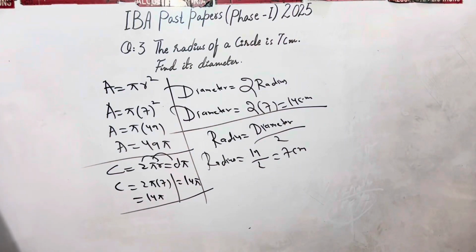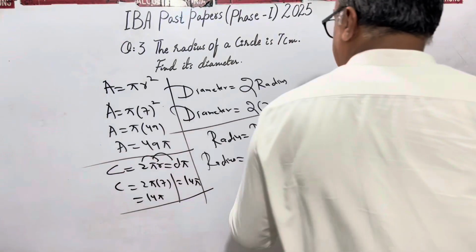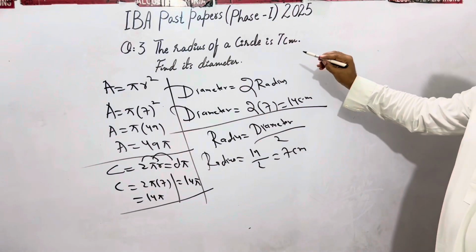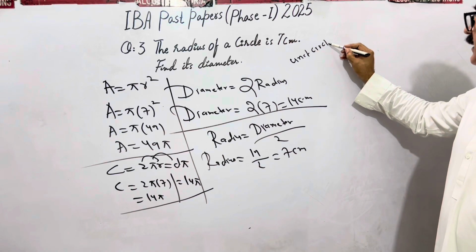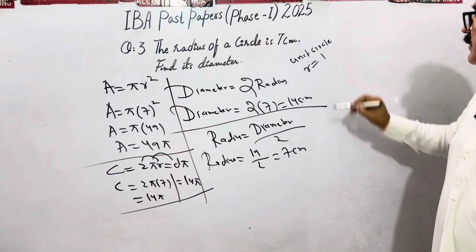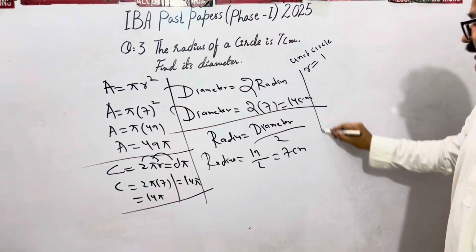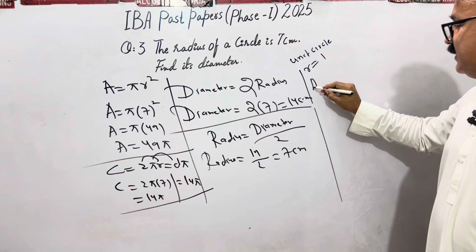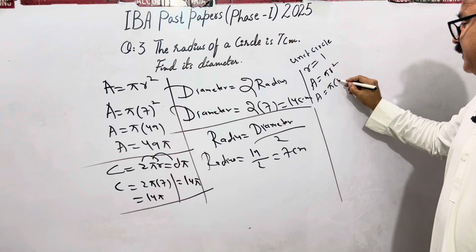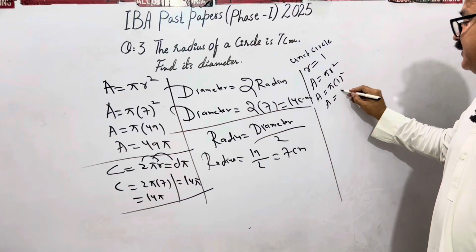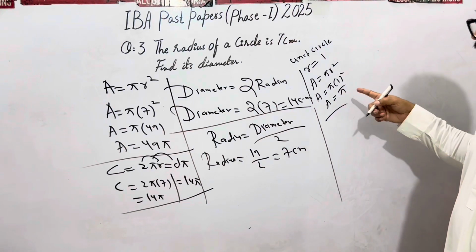Let me share with you another tiny fact. Unit circle means radius 1. So the area of a unit circle is pi r squared. A surprising one: pi times 1 squared means the area of a unit circle is only pi.